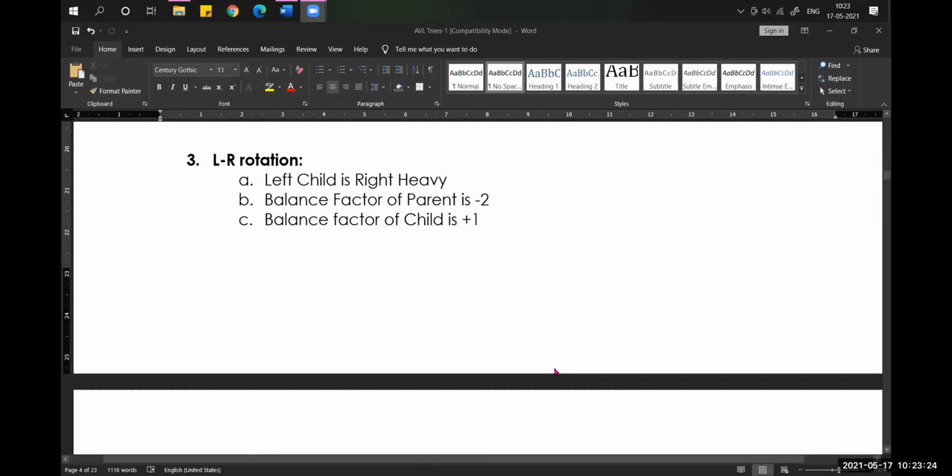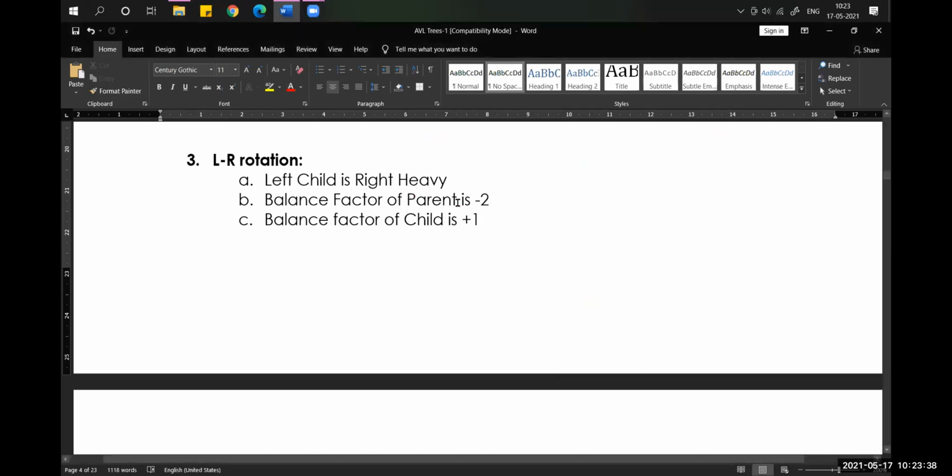Now the third rotation is LR rotation. LR means left child right heavy. At that time the balance factor is equal to -2. The balance factor of the parent is -2 and the balance factor of the child is +1.